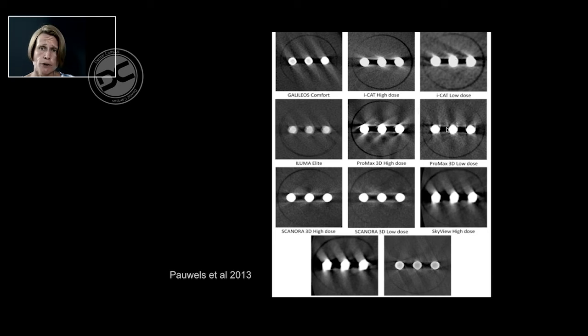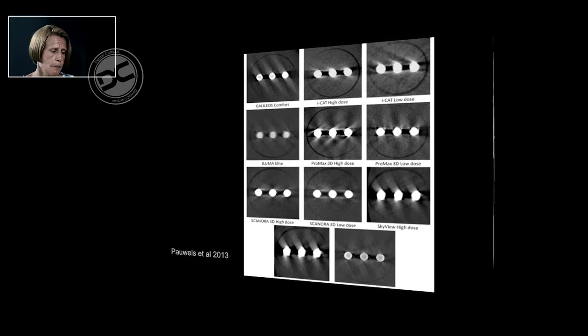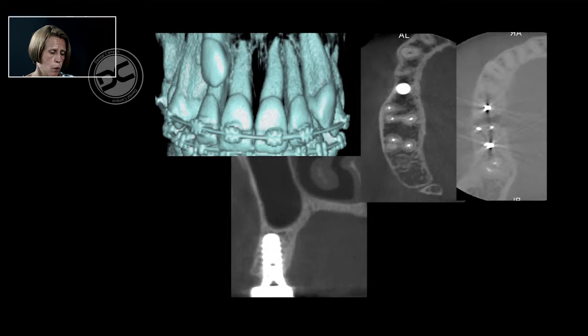This is crucial information as we often deal with restorative work, the diagnosis of a post or an endodontic filling, and also the diagnosis of implants in the jawbone. Let me look with some cases at some typical examples. What is important is not only the machine and the protocol, yet also the content of the metal.